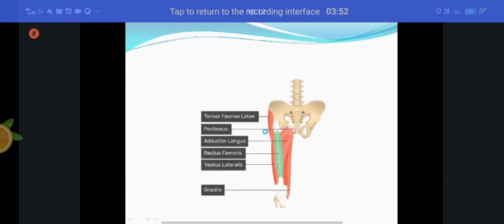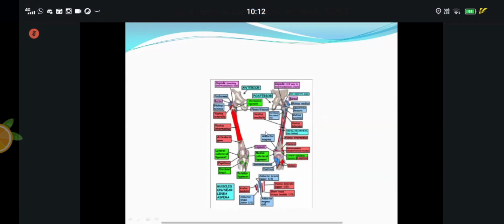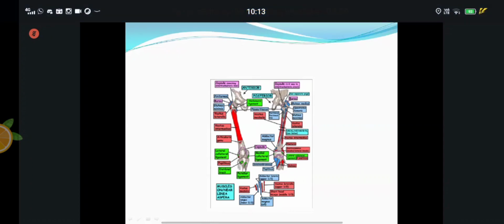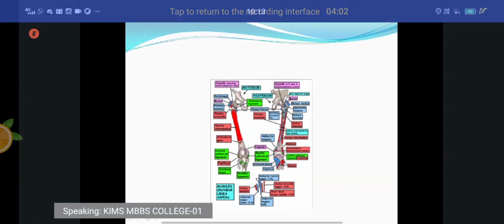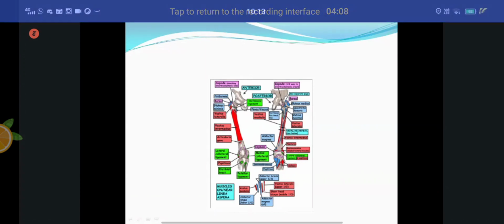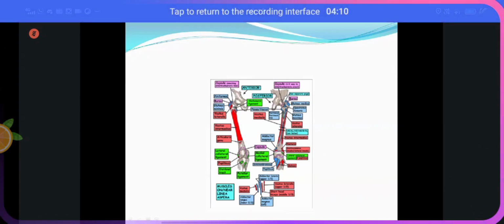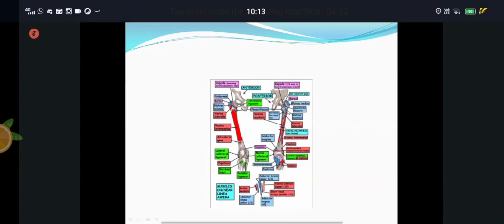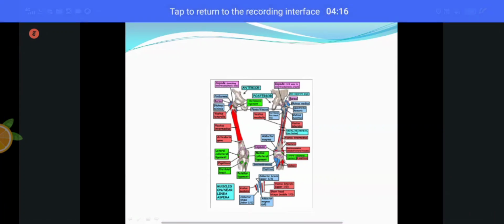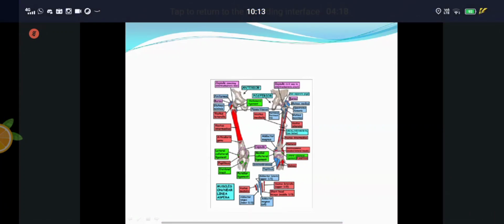So here the vastus lateralis muscle, if you see this diagram, gets its origin from the upper border of the intertrochanteric line, and then from the lateral lip of the linea aspera.